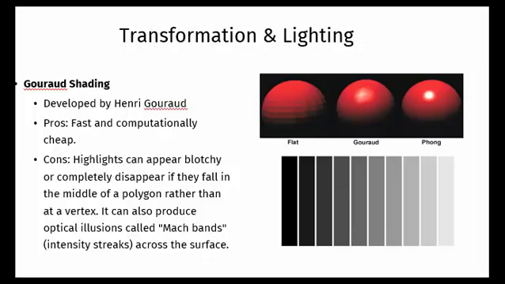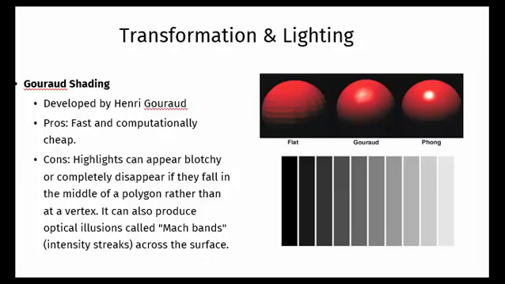It is a technique used to make 3D objects appear smoother by calculating the lighting at the vertices, or corner points, of the object and then smoothly blending the colors between them. One advantage is that it is fast and does not require much computing power, which made it useful for earlier computer graphics systems.